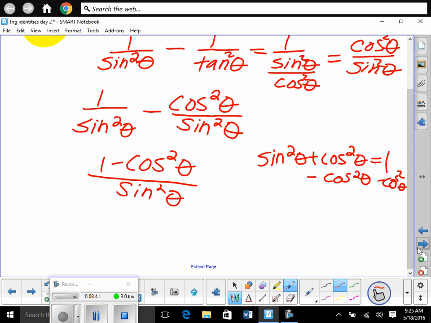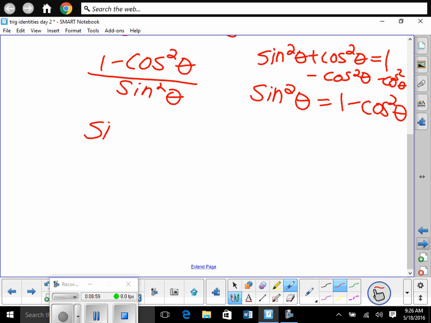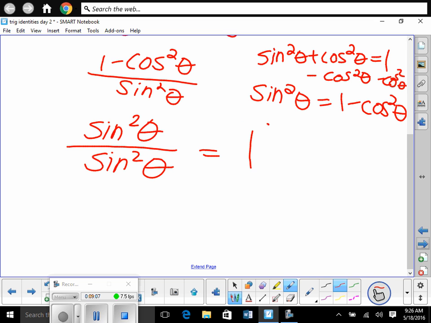So we know that sine squared theta is also equal to 1 minus cosine squared theta. So on top, what do we have? Sine squared theta, right? Are we seeing it or not? I'm not sure. So we have sine squared theta on top. On bottom, we have sine squared theta. So what is the simplified answer? 1.